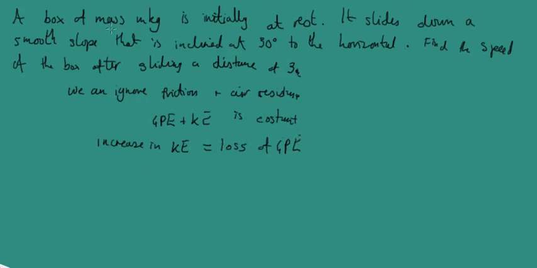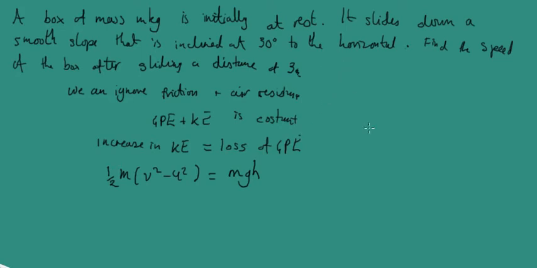The box has m kilograms and it's initially at rest. So our change in kinetic energy is going to be v squared minus u squared, and that must equal the loss of gravitational potential energy as it goes down the slope.